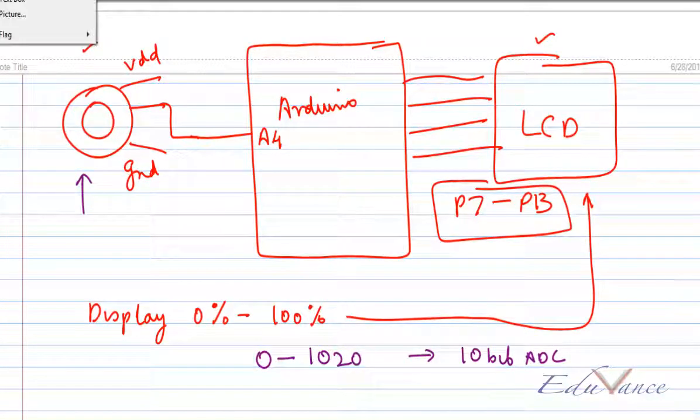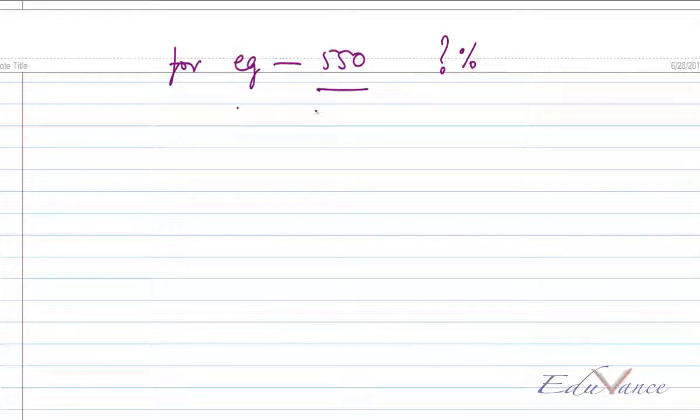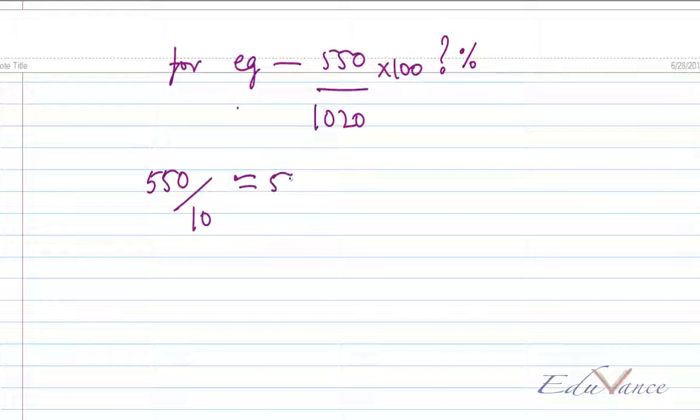So for example, if I have the number 550 and I need to see how many percent it is, I can do 550 divided by 1024 times 100. So effectively what I do is I do 550 divided by 10, which is 55, and then I divide by 1.02.